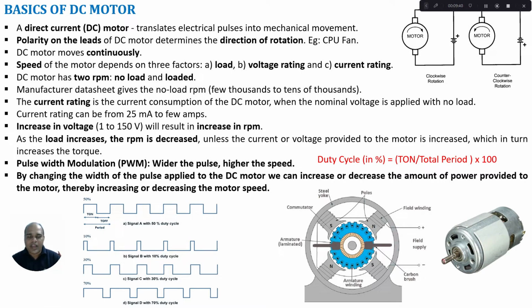I need to do this every time I want to change the direction of a motor. So in order to avoid that, we can make use of a motor driver which can do it automatically. By giving some control signals, I can change the direction of rotation of a DC motor. So these are the three factors for which we need to have a motor driver IC.